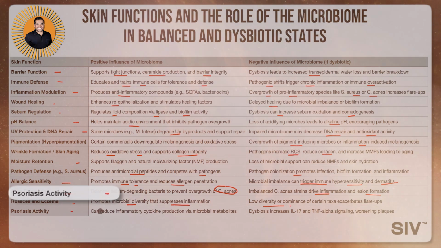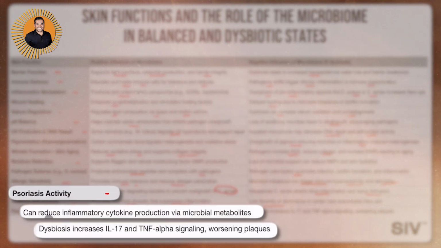And then finally, in psoriasis activity, a beneficial, balanced skin microbiome can reduce inflammatory cytokine production via microbial metabolites that have a direct influence on the immune system and its function.